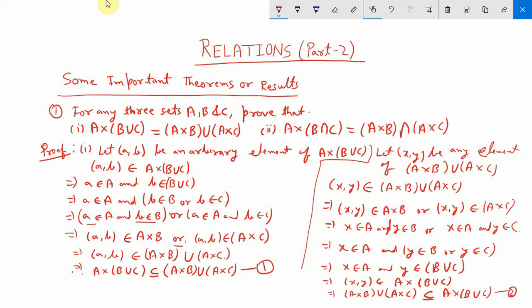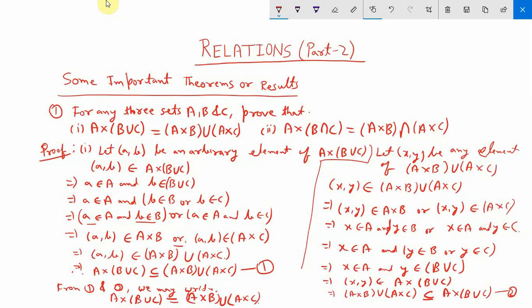So from 1 and 2, we may write A cross (B union C) is equal to (A cross B) union (A cross C).